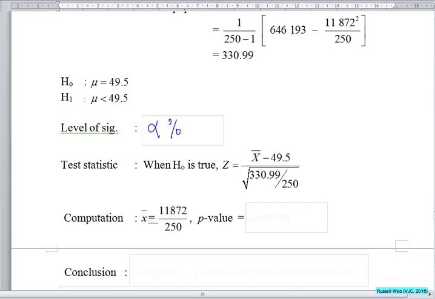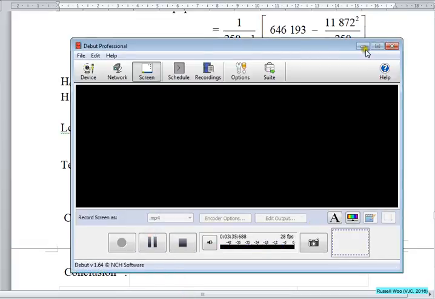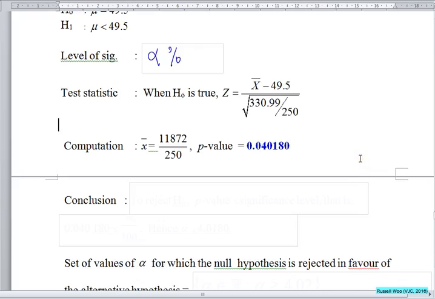Give yourself about 1 minute to find the p-value. Use GC, come on. Pause the recording. The p-value is 0.040180 by GC. Z test, not T test, because n is large.